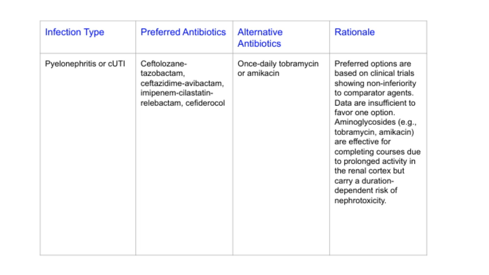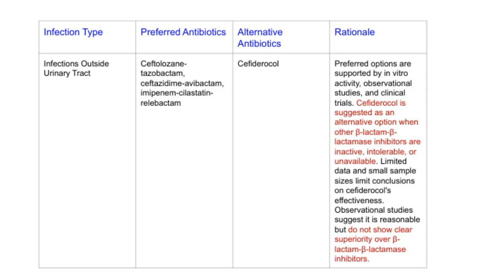So, when selecting these antibiotics, clinicians need to balance their potent activity against the potential for kidney toxicity, especially in patients with existing renal impairment. Ultimately, this table underscores the importance of tailoring antibiotic choices to both the infection specifics and patient safety considerations, which is a central theme in antimicrobial stewardship.